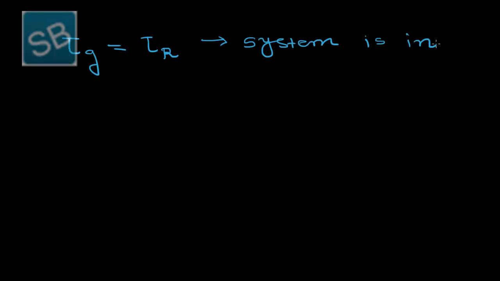When this torque due to the gravitational force is equal to the restoring torque, then this system becomes steady. Or we can say that our system is in the equilibrium stage.